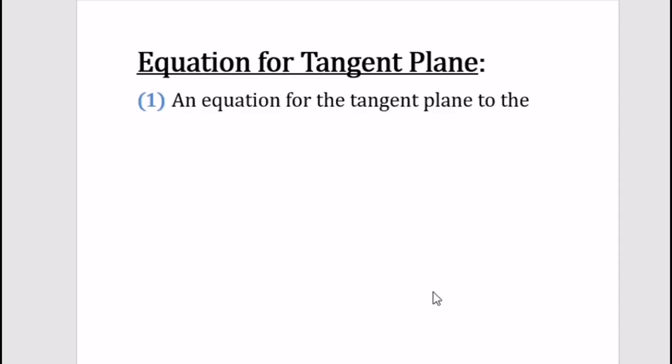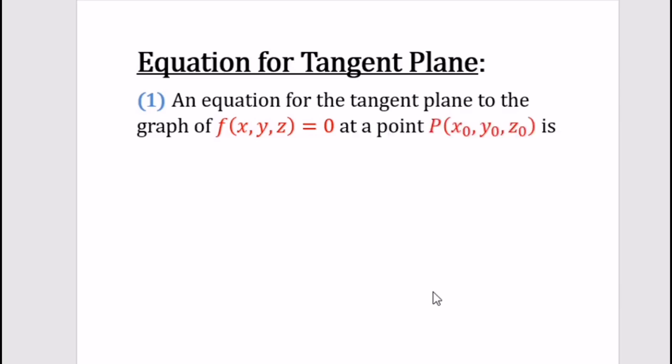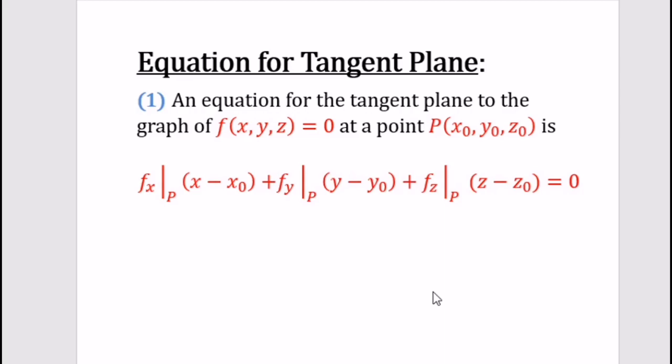The first definition: an equation for the tangent plane to the graph of f(x, y, z) = 0 at a point P(x0, y0, z0) is fx at P times (x minus x0) plus fy at P times (y minus y0) plus fz at P times (z minus z0) is equal to 0.